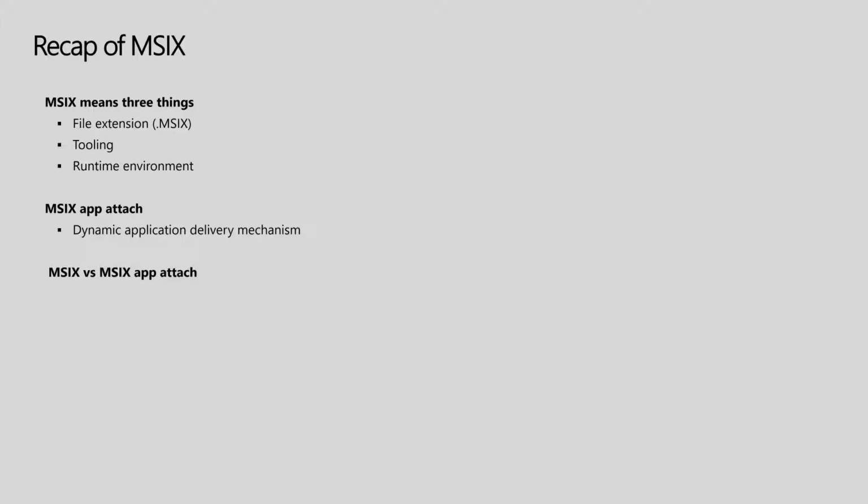And when we have a .msix file being executed, we say that that package is running as an MSIX in an isolated environment. And that's what we mean. The runtime environment is an isolation, a form of a container that allows us to run the MSIX package, the application that's in that package.